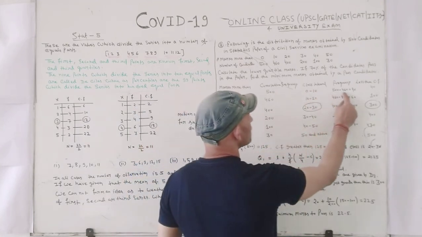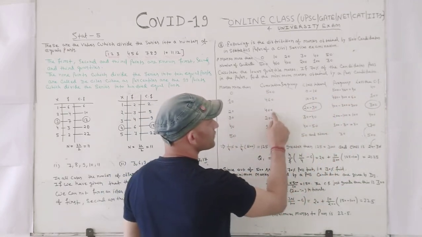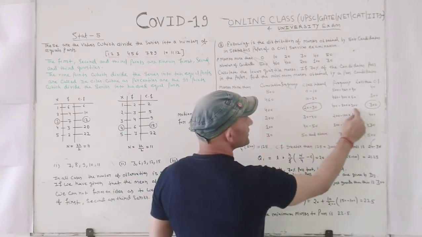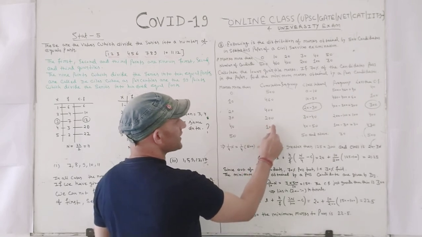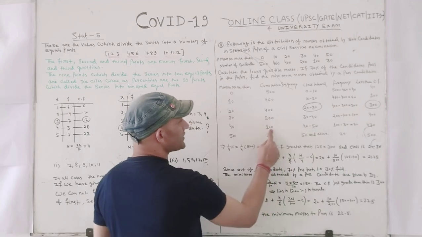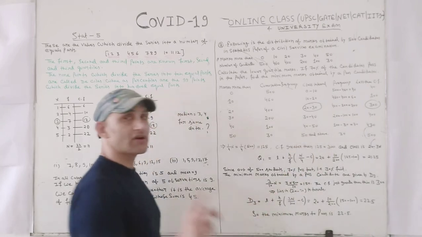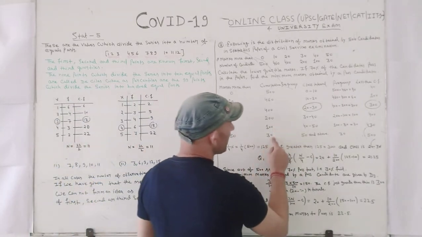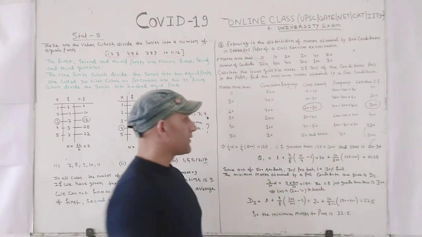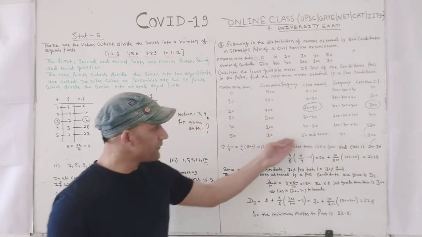So 500 minus 460, that is 40 for the given interval, and 460 minus 400, this 60, this is for this interval, and 400 minus 200, this 200 for this interval, and 200 minus 100, 200 minus 100 is equal to 100 for this interval 30 to 40, and 100 minus 30, 100 minus 30 is equal to 70. This is for this interval 40 to 50, and the remaining for this interval 50 and above.